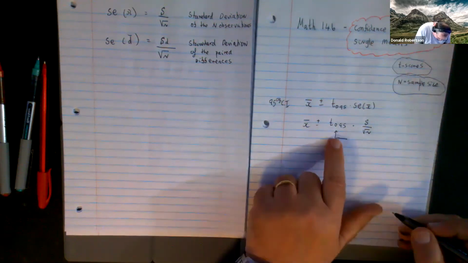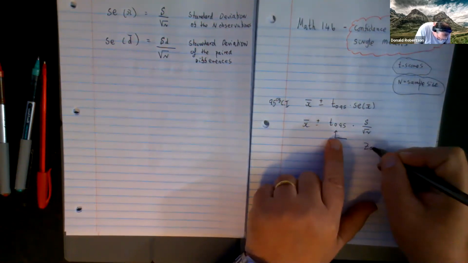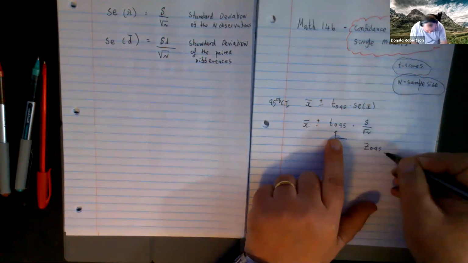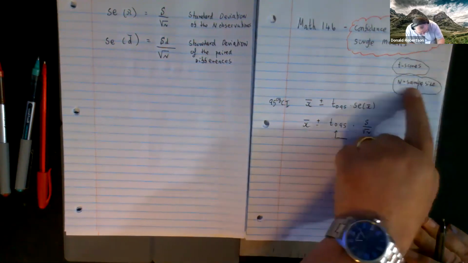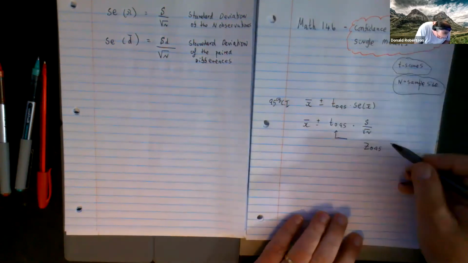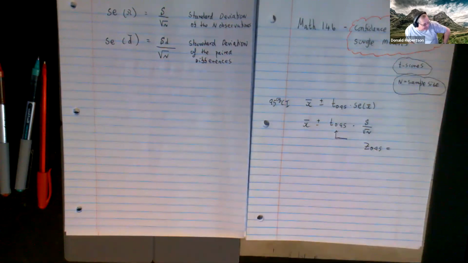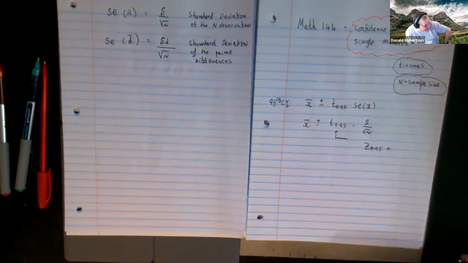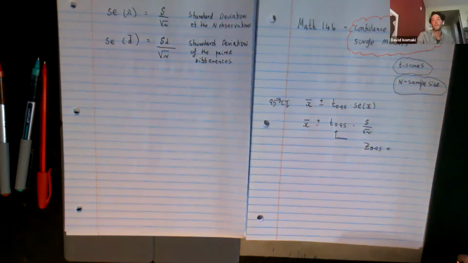In proportion, it didn't matter how big the sample size is, as long as n was big enough to be usable. Wasn't it always the same number? Does anybody remember what the magic z-score for 0.95 is? 1.96.